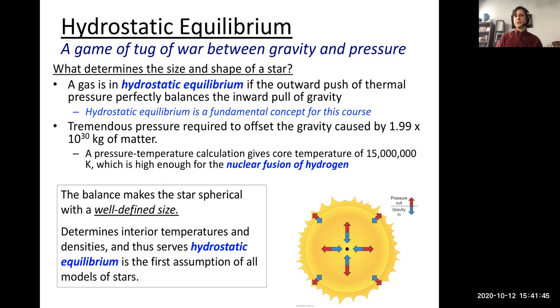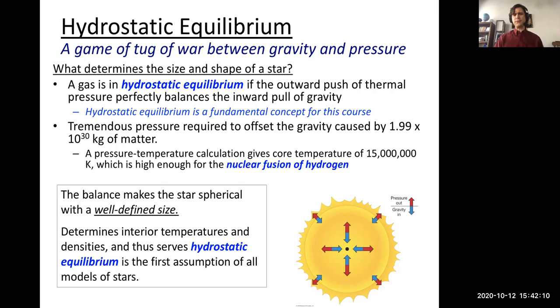And if we put these two things in balance, if we make the strength of that gravity trying to pull everything in equal the pressure trying to push everything out, then those two will balance out and the star will be stable. We call this balance between outward push of thermal pressure and the inward pull of gravity hydrostatic equilibrium.